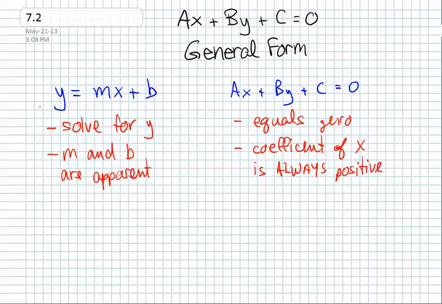So solve so that everything's on one side of the equation. Make sure the coefficient of x is positive as well. A, B, and C, the coefficients of x and y and the constant, have to all be integers. So in other words, no fractions, no decimals, integers. And that is our set of requirements. So what we're going to be practicing in this video is converting between slope-intercept and general form.